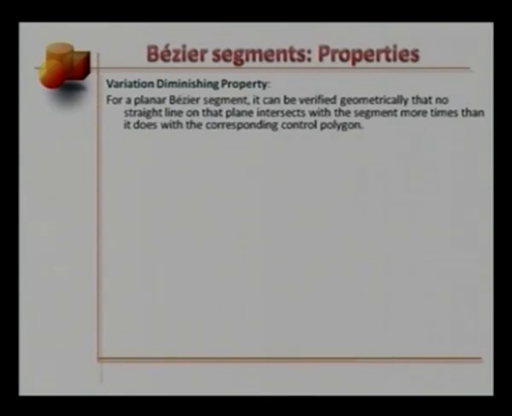For a planar Bezier segment, it can be verified geometrically that no straight line on that plane intersects with the segment more times than it does with the corresponding control polygon. Don't worry about the grammar of this long statement. I'll explain this to you with an example here.